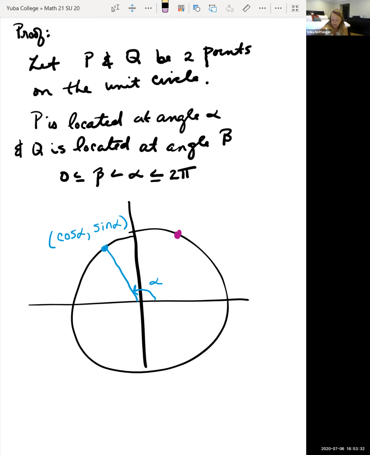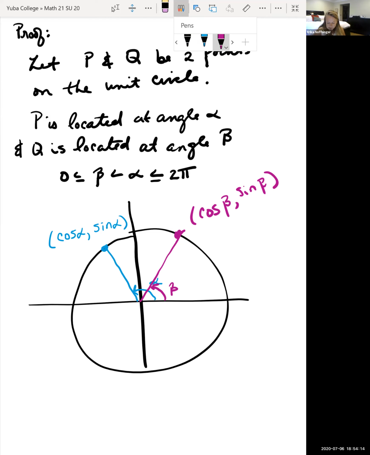So let's say maybe this is angle beta. This point right here is going to be cosine beta, sine beta. Okay, so let's form a triangle with these two angles with both terminal sides. Let's see, where do I want?